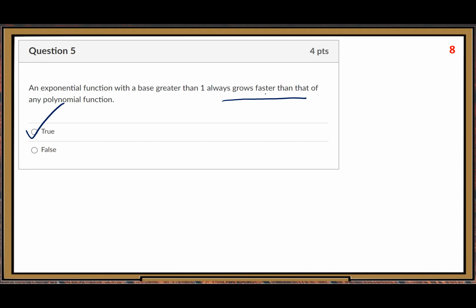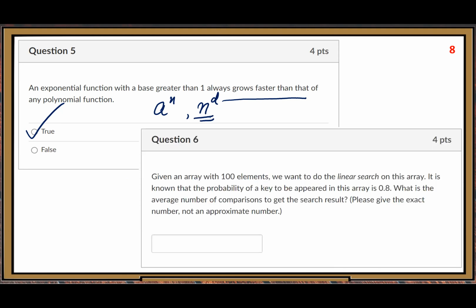That's correct. When we consider n larger and larger, we know the exponential function a to the n grows faster than the polynomial. Here it's a polynomial. The dominant term, or the leading term, of a polynomial is a power function, right?